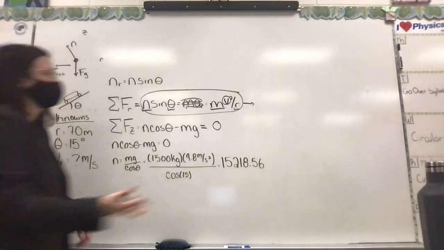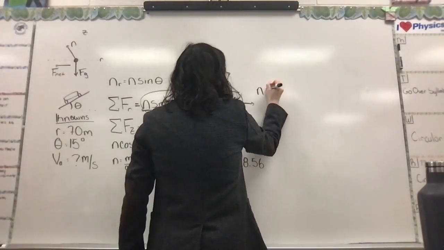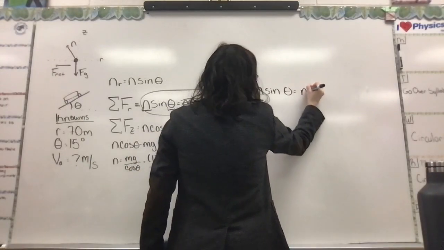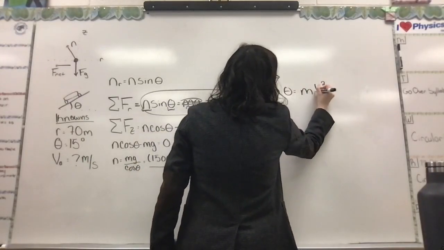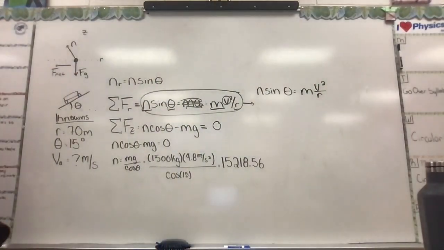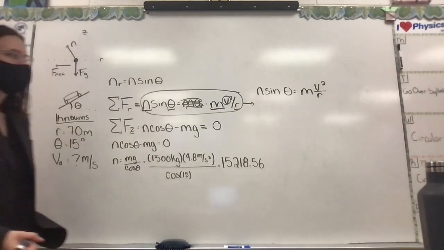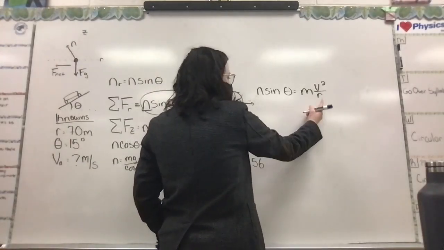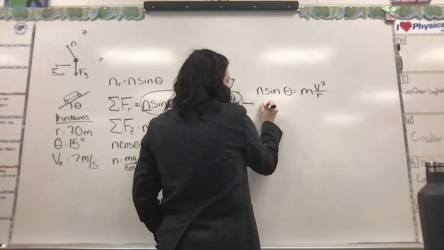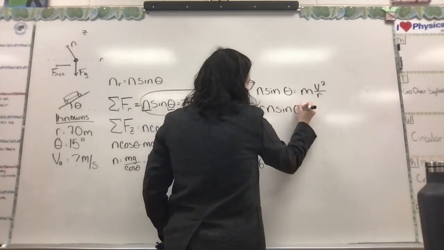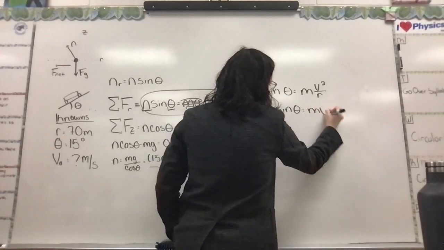What do we need to do with this n sine theta equals m times v squared over r? Multiply by the r on both sides, and then divide by n. And then take the square root. Okay, so we're multiplying by r on both sides? Yeah. So we're going to have r n sine theta equals mv squared.